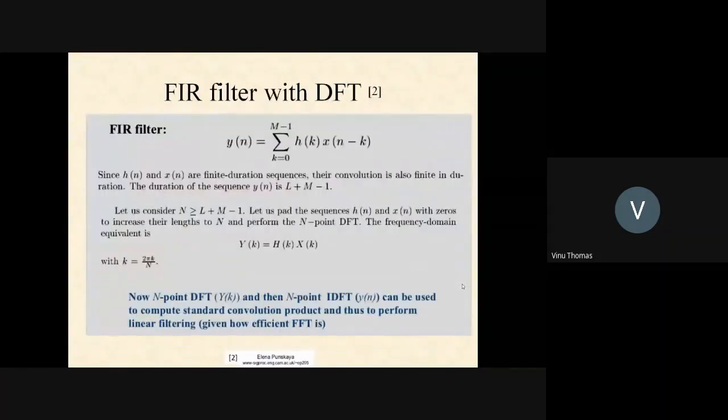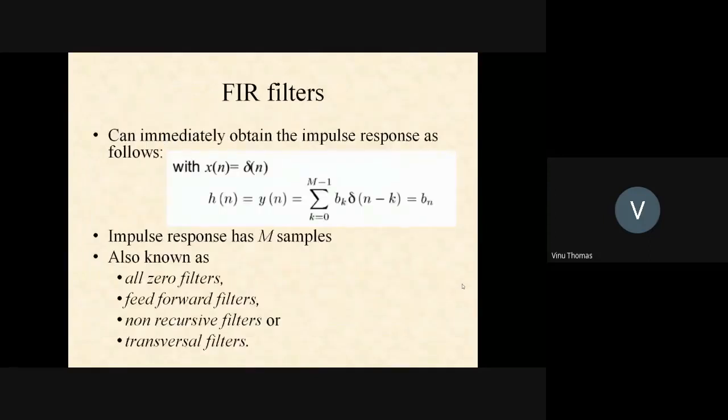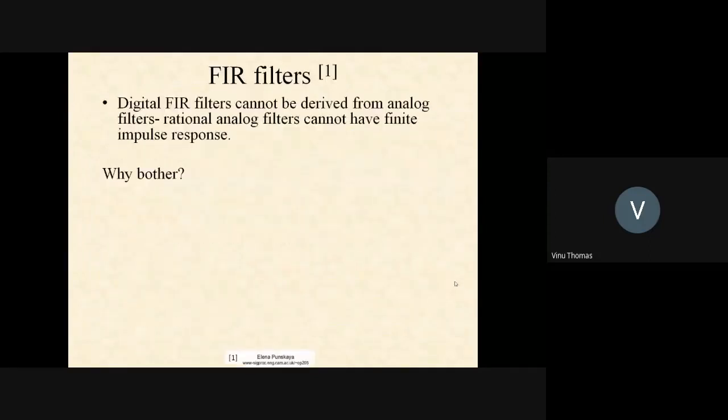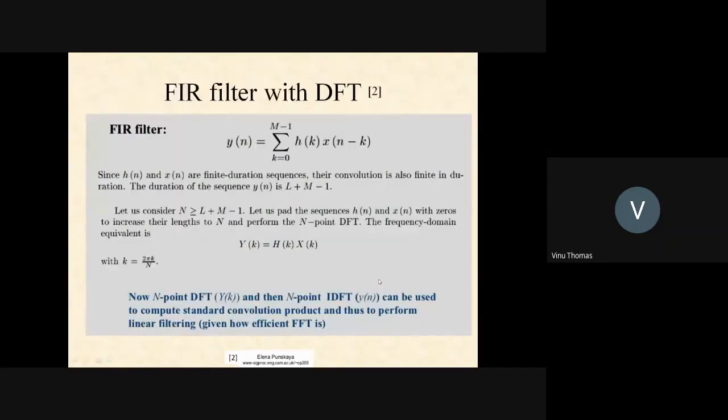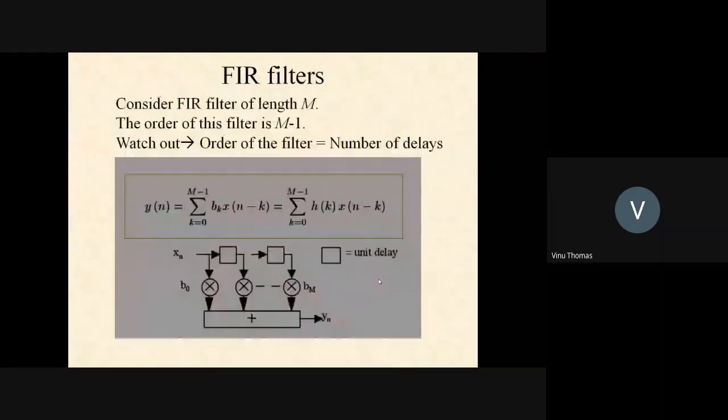Now, we had also seen that FIR filters have some fundamental advantages. The first advantage is that they are inherently stable. So we will also look at this advantage. So we have seen that they are easy and convenient to implement. So it can be implemented via this linear filtering structure. Sometimes you might not even have to do a DFT if the length of the FIR filter is not too large.